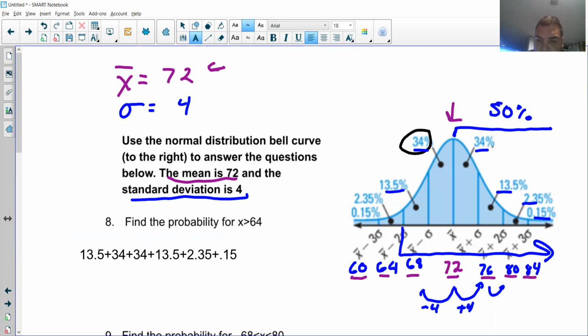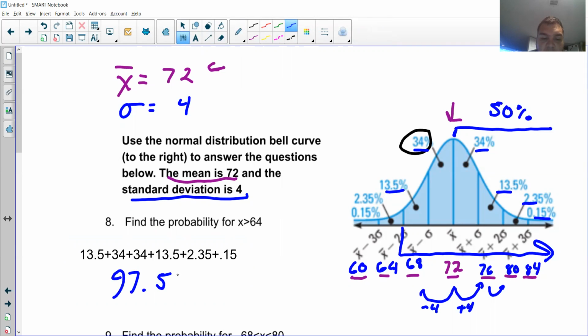But again, you should know the second half is 50, so you could just do 13.5 plus 34 plus 50. Doesn't matter which way you do it. I'm just showing you a little shorter way. And after you do all that, it should be 97.5.